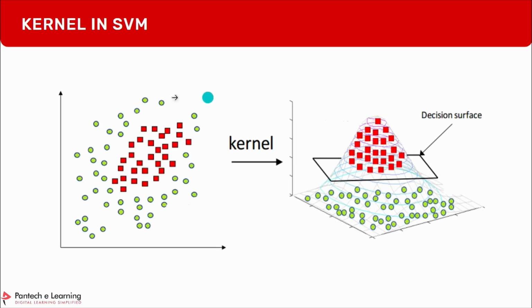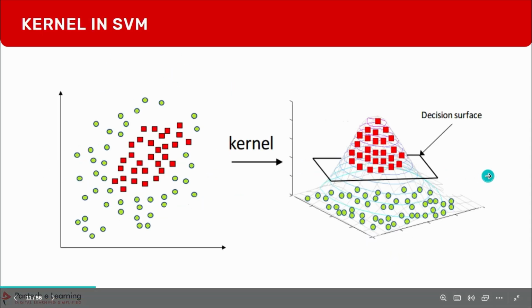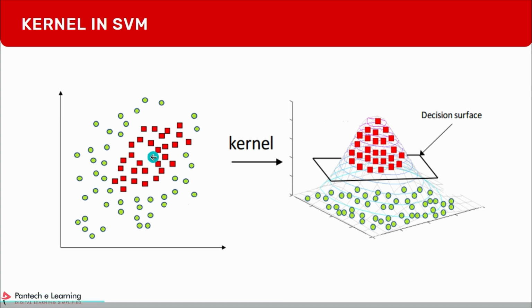See here, when you see it in 2D, you can see these points are like this. But there can be a plane in 3D, any surface, which separates these two. When you view it in 3D, some features will help you differentiate between them. If you view the same thing in 3D, you can see you can create a decision surface here.